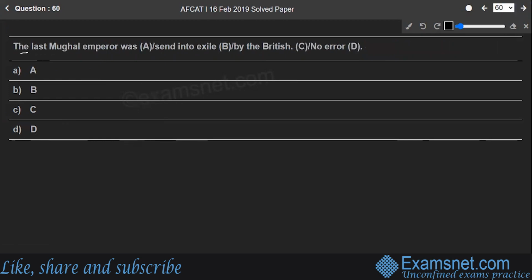It says the last Mughal emperor was, A, sent into exile, B, by the British, C, or it contains no error. When I'm reading the sentence, this is in passive. And in passive voice structured sentences, we use be with third form of the verb.